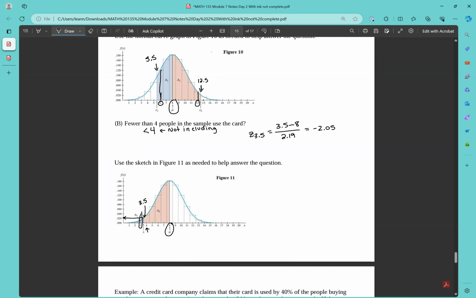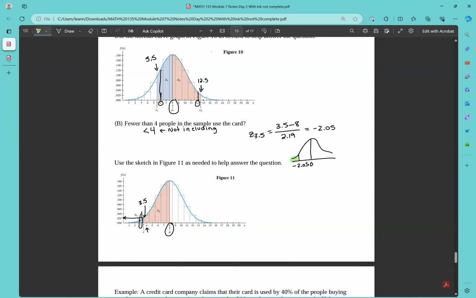Now, again, you have to be careful. The area that we're finding this time is we want to be less than that because we want to go to negative infinity. Okay, so when we look at this, we're doing the area below this. So this is, again, make sure you know how to read your table. The table is going to give you this area in between.